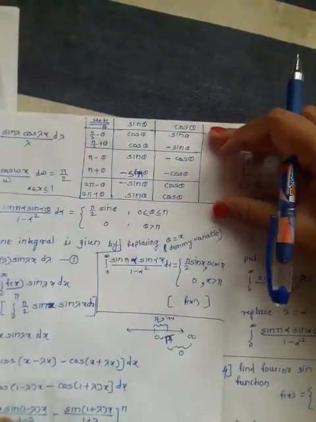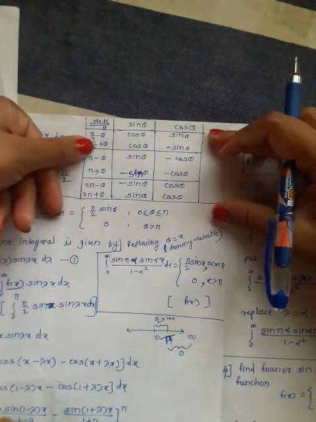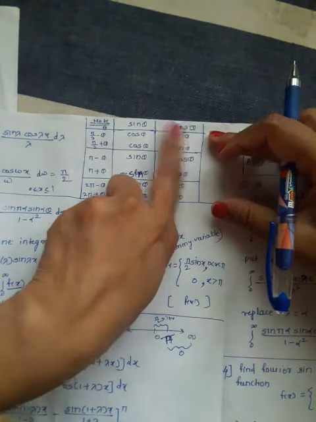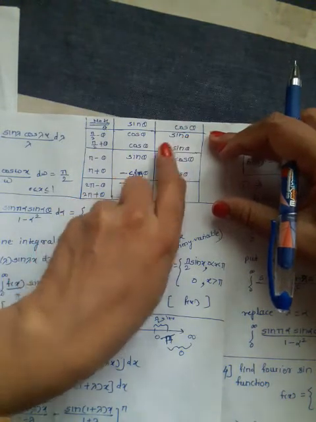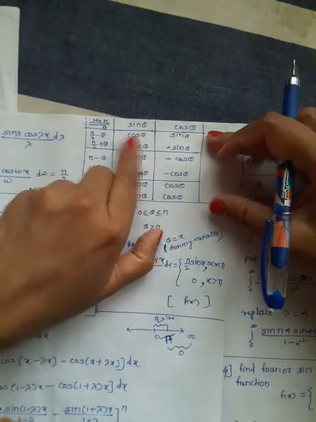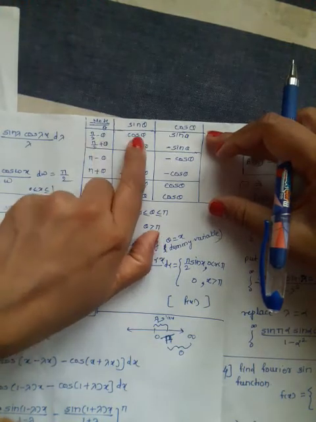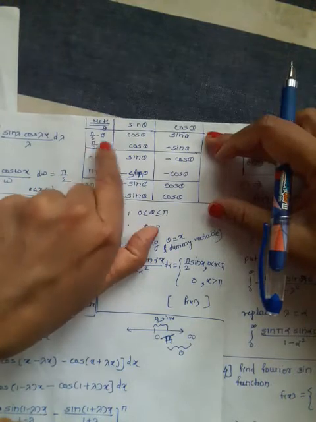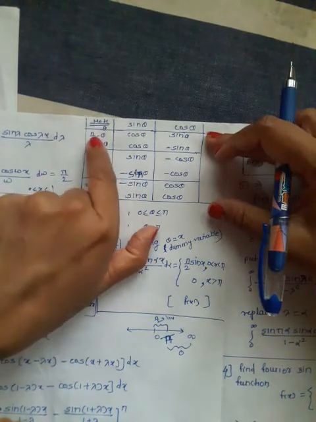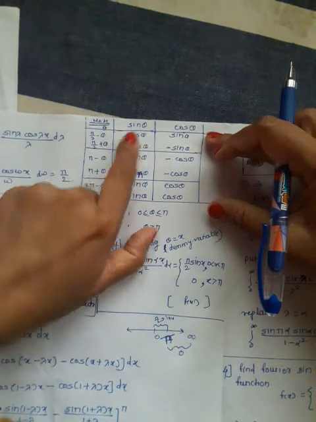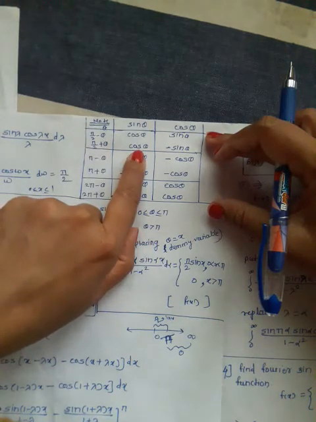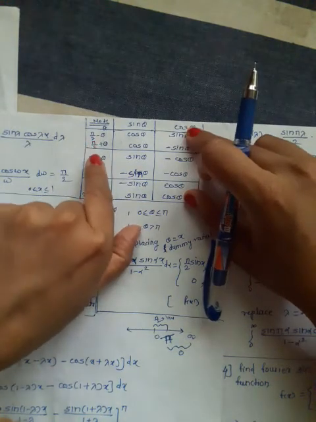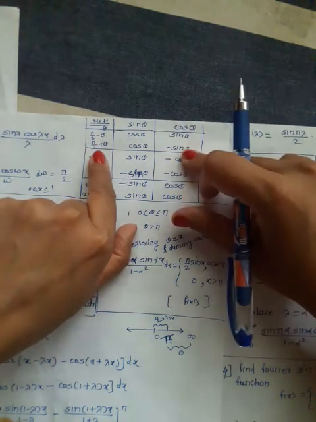Okay, here in first column angles are there, theta, and these two are sine and cos trigonometry. And if you consider the intersection point of this column and this first row, you get cos theta, means sine of pi by 2 minus theta is cos theta, sine of pi by 2 plus theta is again cos theta, cos of pi by 2 minus theta is sine theta, cos of pi by 2 plus theta is minus sine theta.